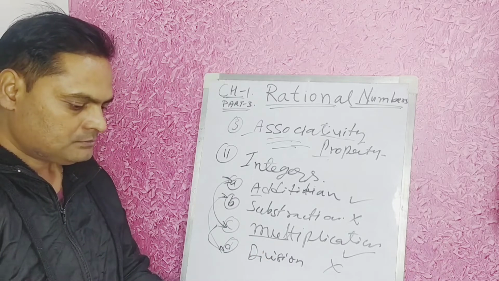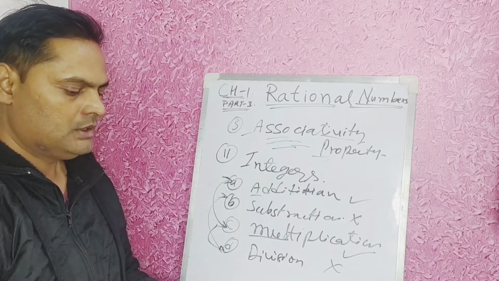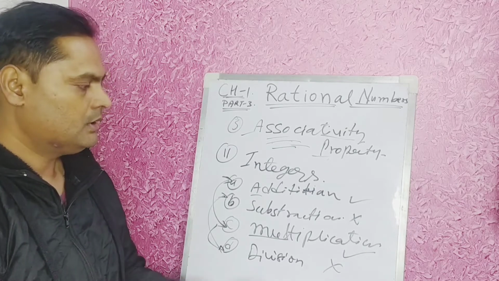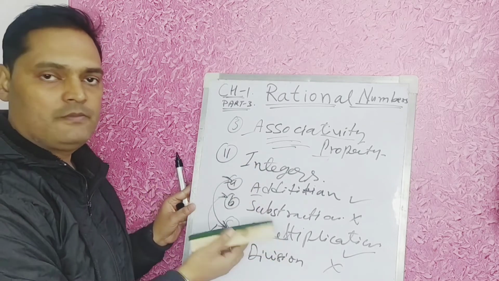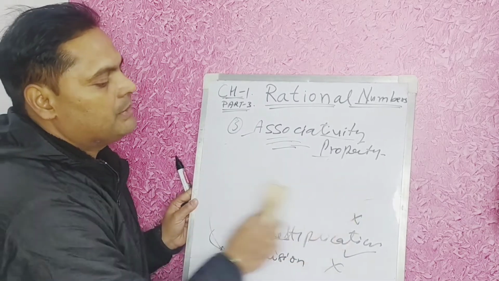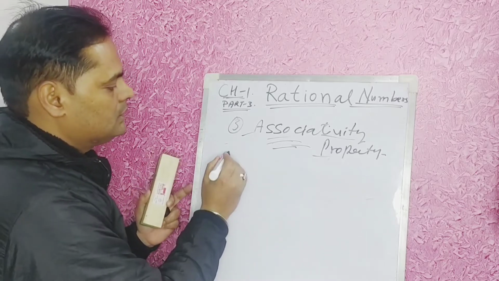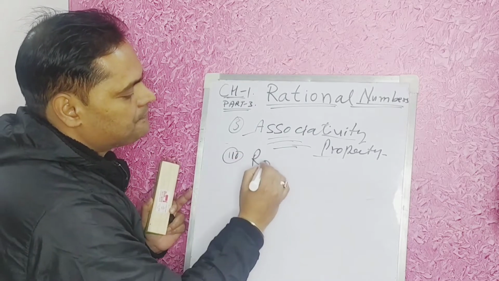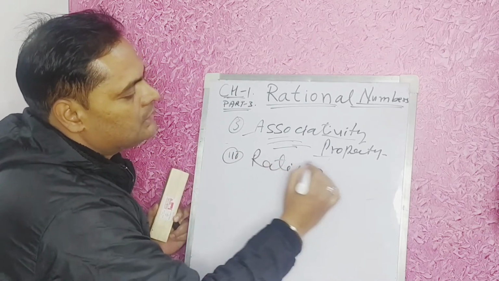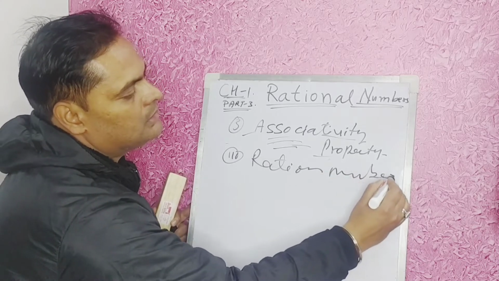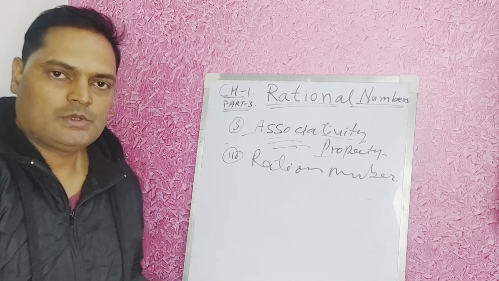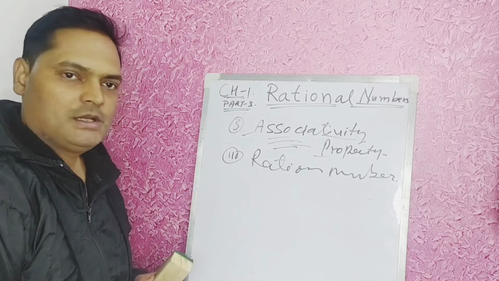So let's see, the next topic is rational number. This is the integer and whole number we have covered. So the third topic is rational number. Sorry, my handwriting is not so good, so you can just adjust.